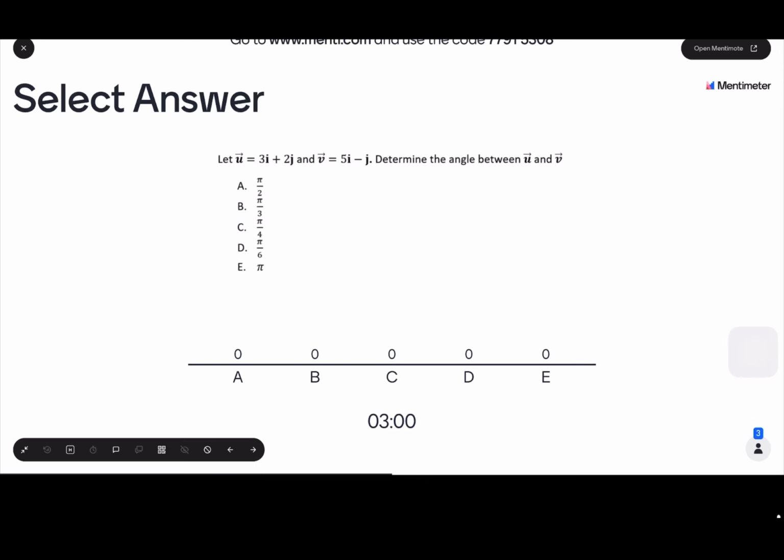Give you some clue. And then find the angle.